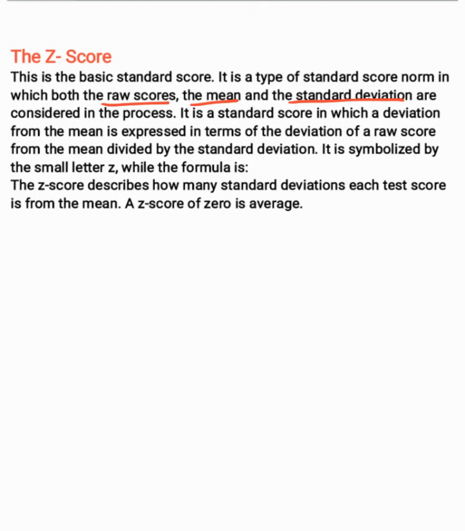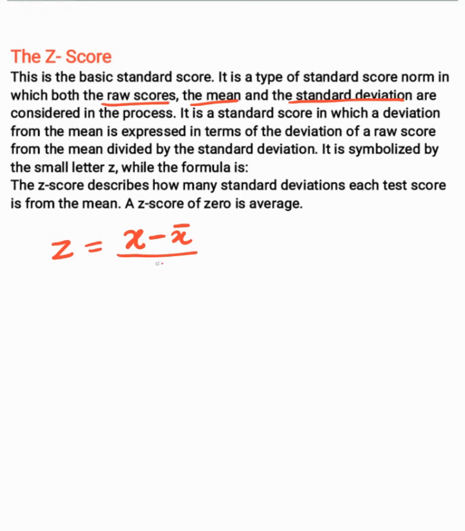What we're saying is the Z score is defined as the deviation of the raw score from the mean. That is, if X is a raw score and we have X bar as the mean, we divide this deviation by the standard deviation of the scores.